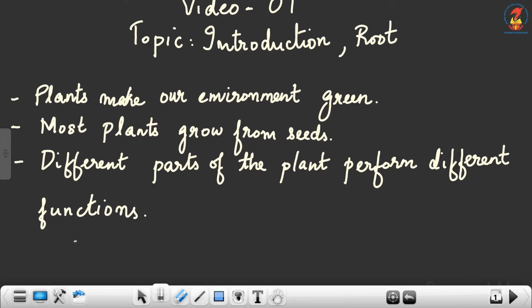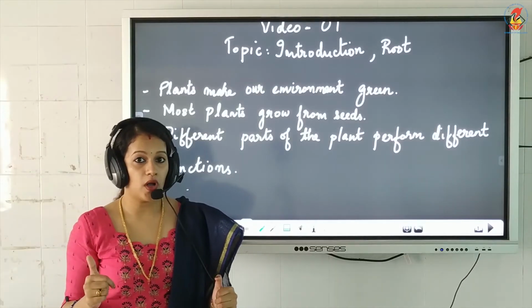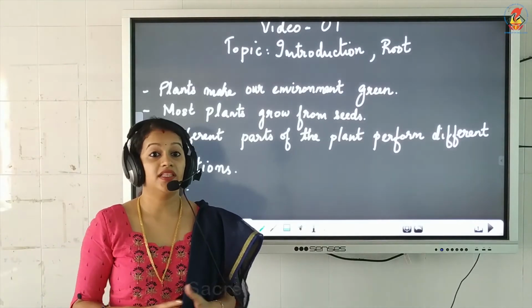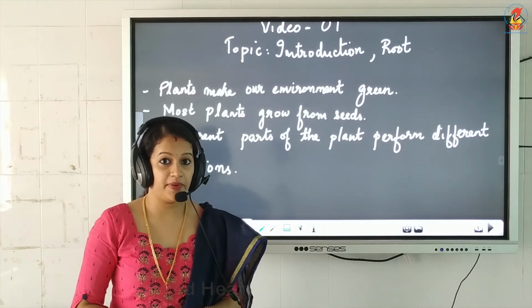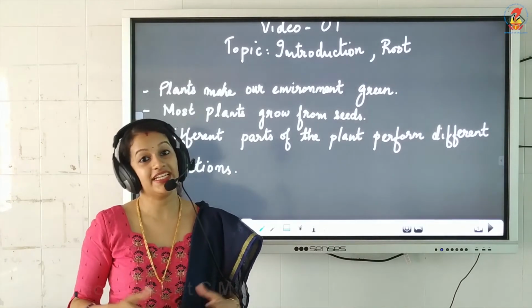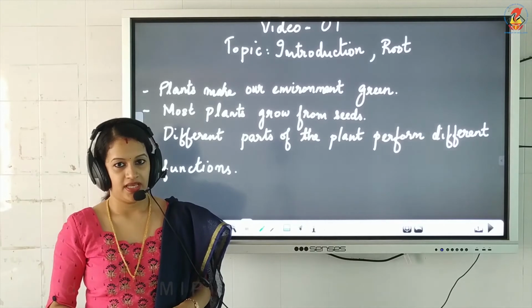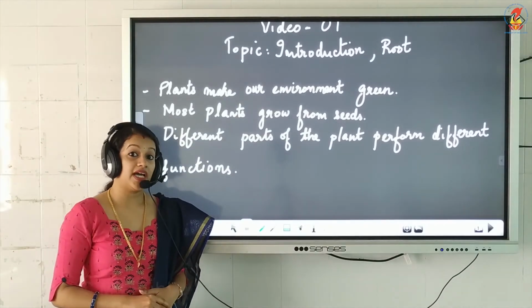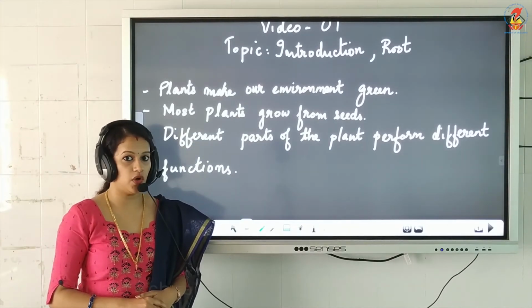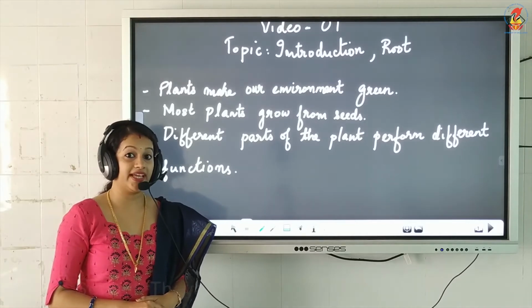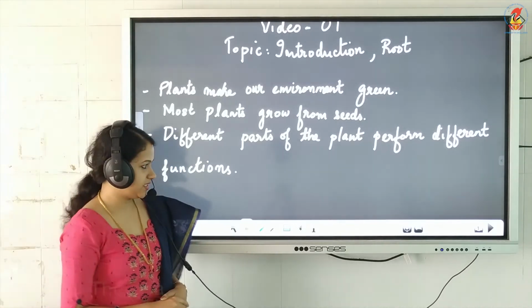Just as in our case, we use our hands for doing work. We use our leg to walk. The same way, plants also have different parts which will be performing different functions. So let us see what are the different parts of a plant and how they do different functions.